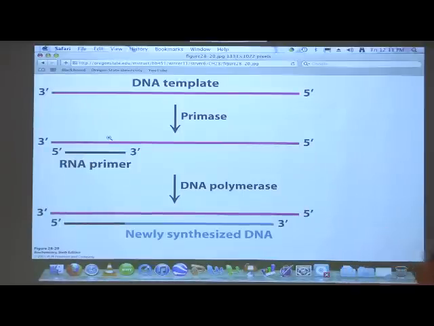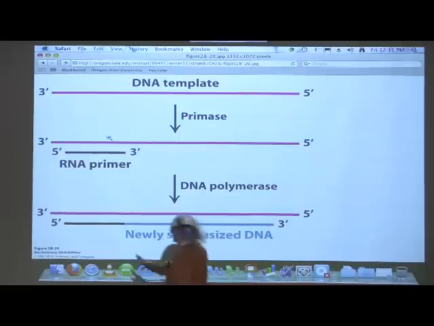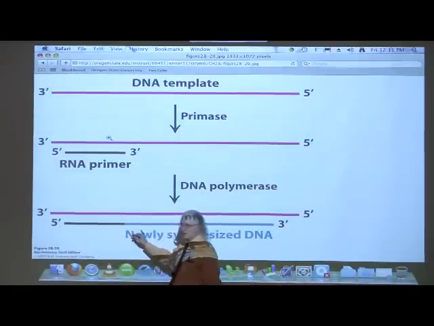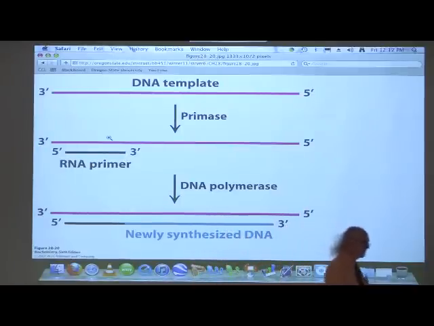Okay? E. coli DNA polymerase I has a unique enzymatic activity that the other DNA polymerases in E. coli do not have. It has the ability to chew this out. Okay? The activity has a name. It's called a 5' to 3' exonuclease.